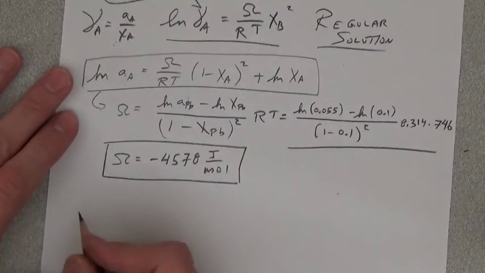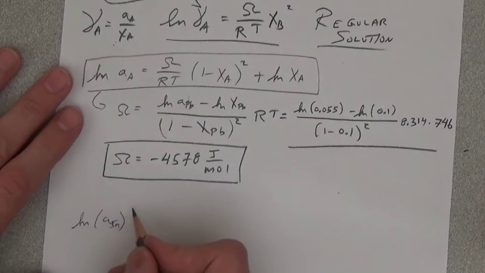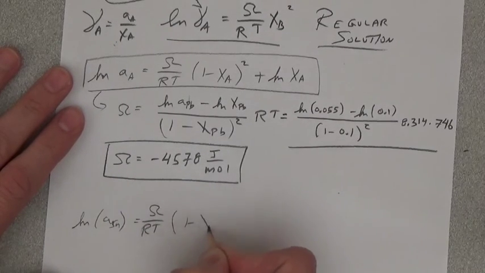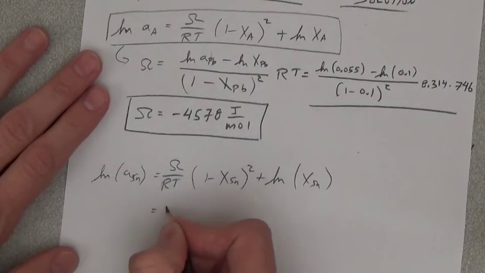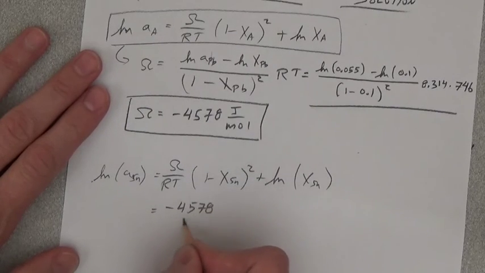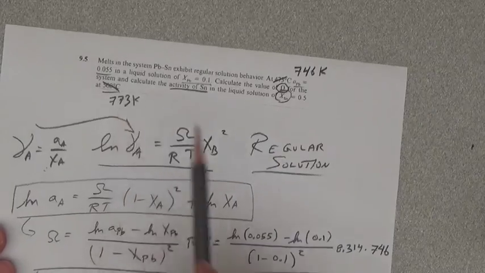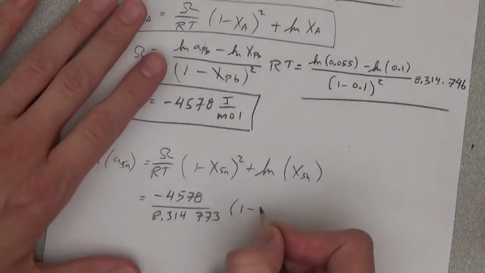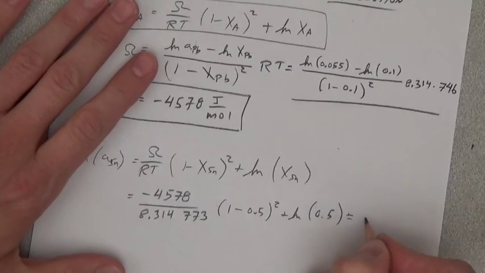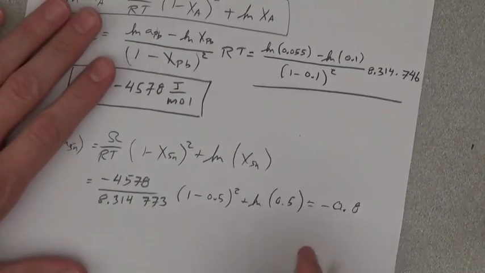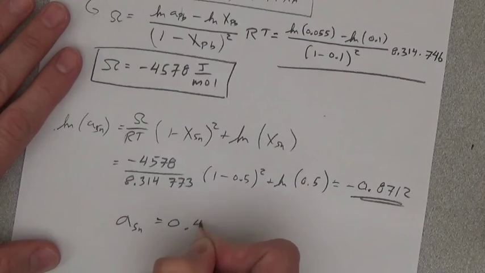Okay, and that in a regular solution is constant, which means that we can now go back to this equation and express the activity of tin: the natural log of the activity of tin is equal to omega over RT times (1 minus X Sn) squared plus the natural log of X Sn, which is equal to minus 4.578 divided by 8.314 times 773, because the second part of the problem goes to a slightly higher temperature, times (1 minus 0.5) squared plus the natural log of 0.5, which is equal to minus 0.8712, which means the activity of tin is equal to 0.418.